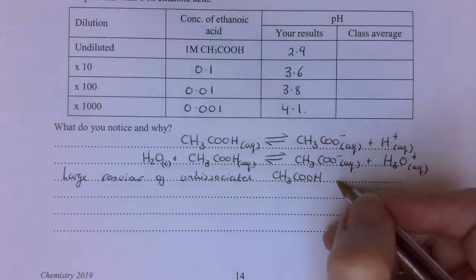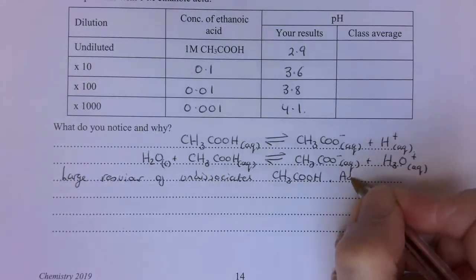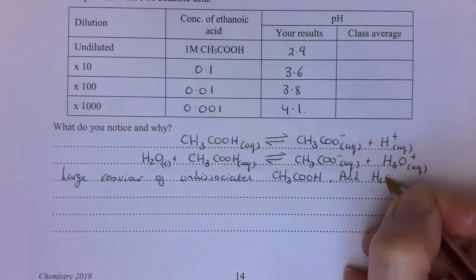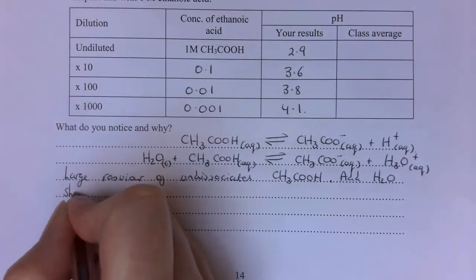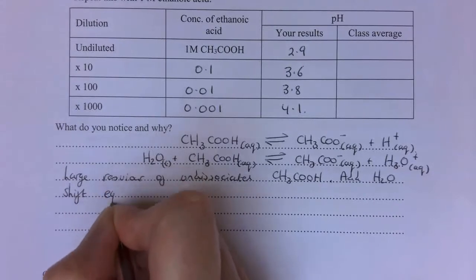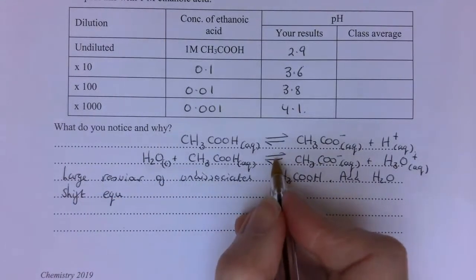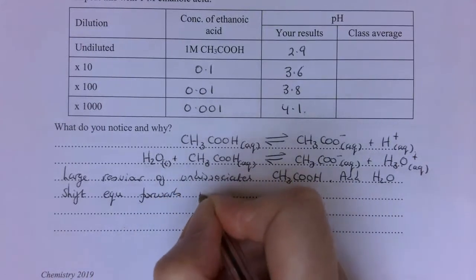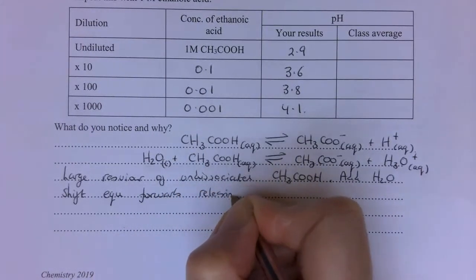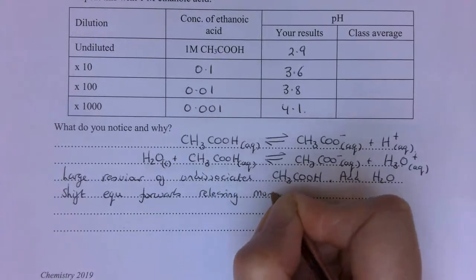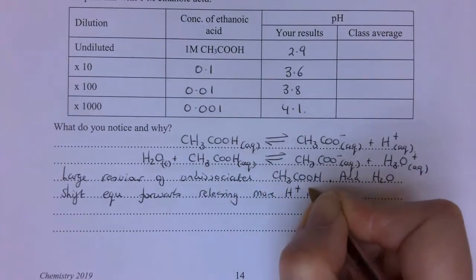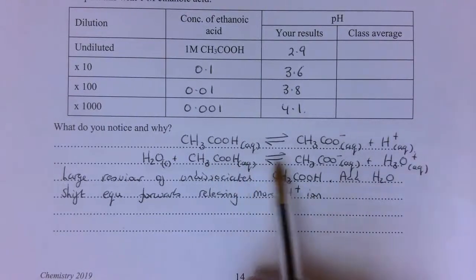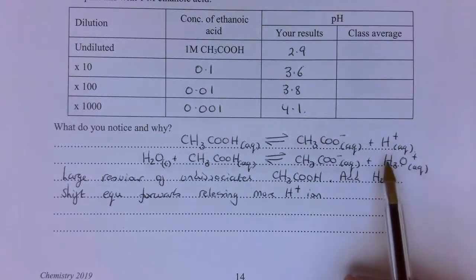Okay, if we add water, this will shift the equilibrium position, remember this is an equilibrium position, forwards, releasing more hydrogen ions. This equilibrium goes forwards, we get more of this.